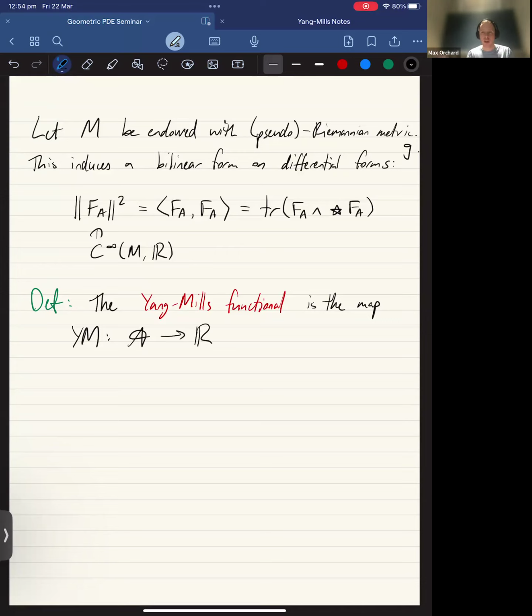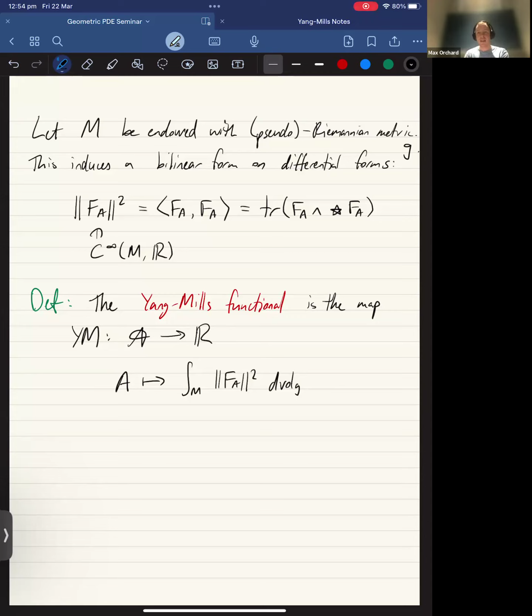Now, if we want to get the overall size of the curvature, what we're going to do is just integrate this over the entire manifold. And this will give us the total curvature of the connection at every point.